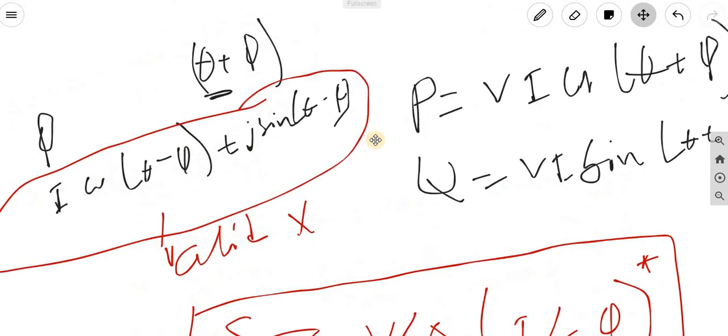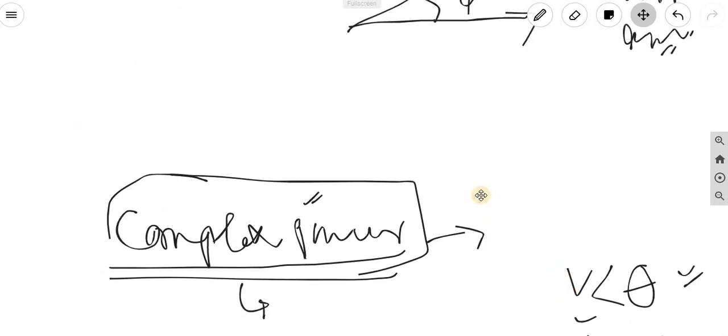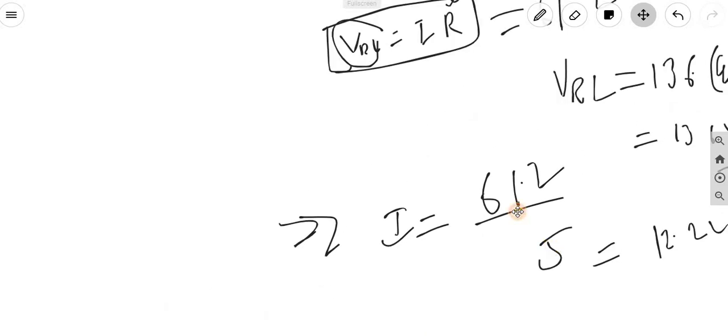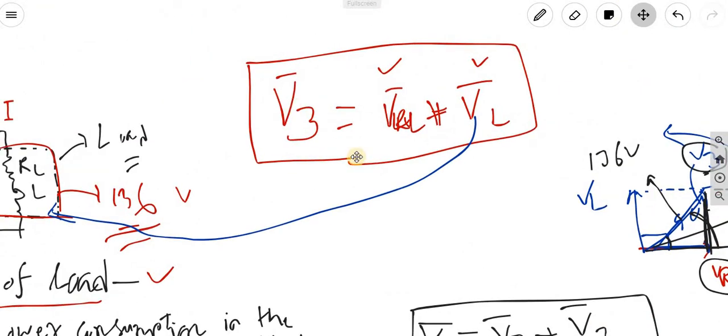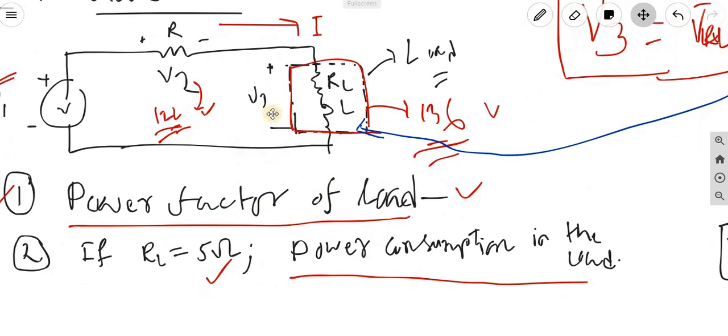Okay, in this lecture, what have we studied so far? First, we explained one problem. It was not an easy problem, it was a tougher one.